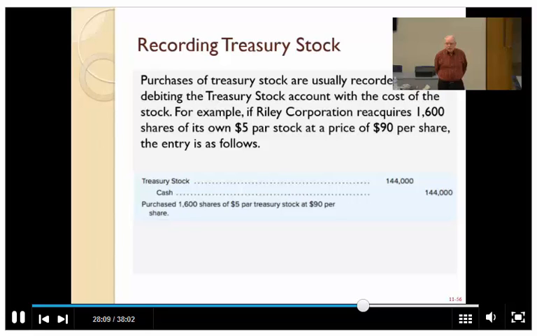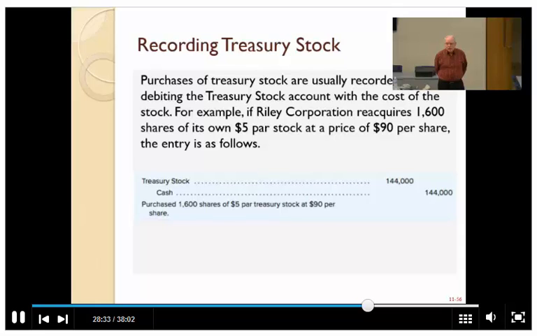The par value, again, does not come into play here. Treasury stock is called a contra equity account. And as such, if you look at the presentation of stockholders' equity, it's reported below retained earnings, but at a negative amount.